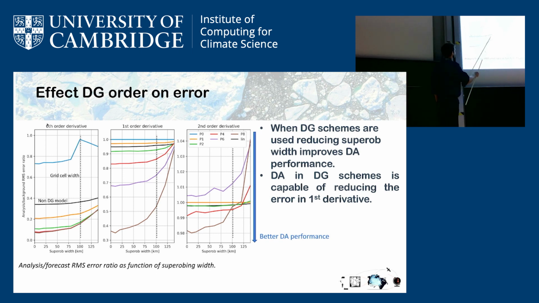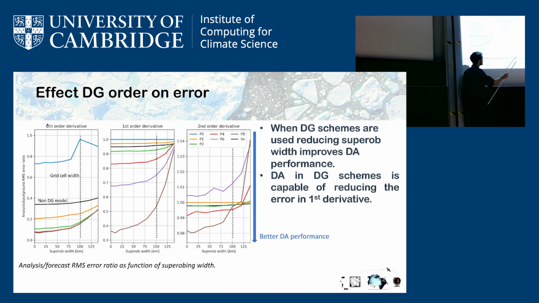And what we see is that initially, with our current generation of model, there is some improvement in the performance as the super-ob width decreases, but it levels off because the model can't represent those small scales. And if we're using DG schemes, we see that first of all the ratio is lower, and it also keeps decreasing. And this is most visible in the error in the first order derivative.